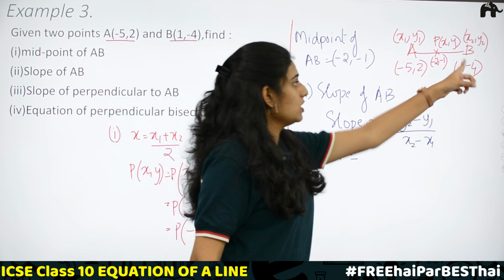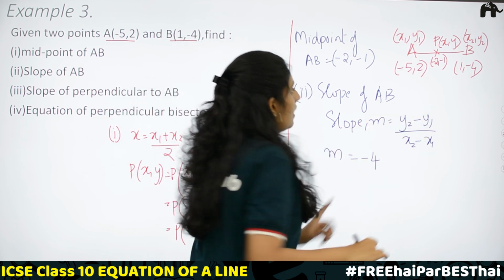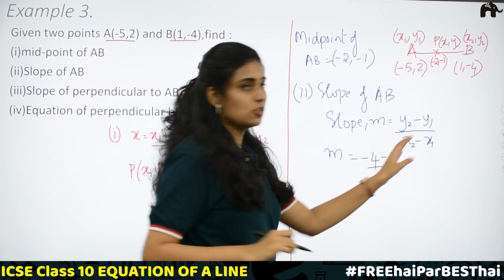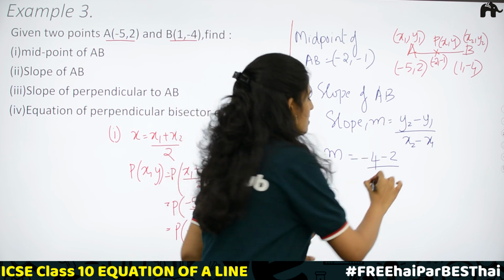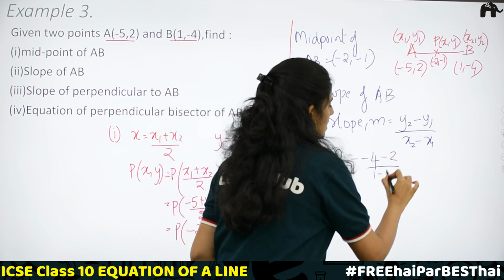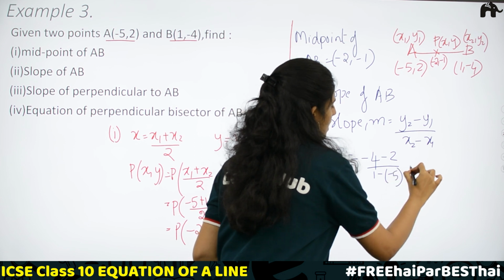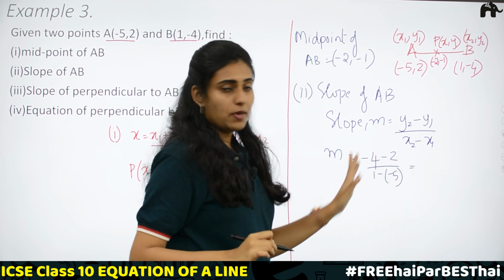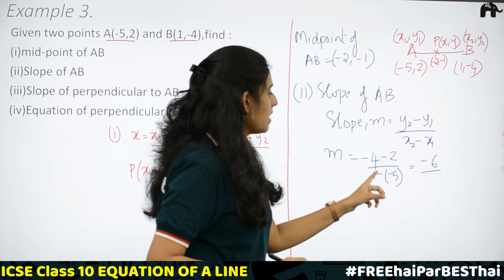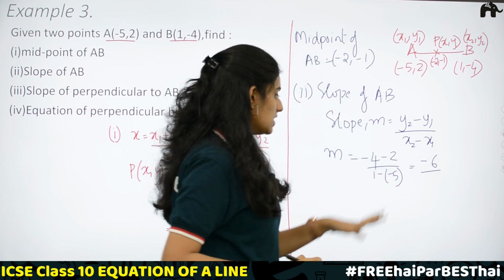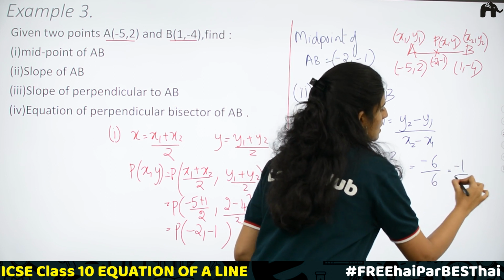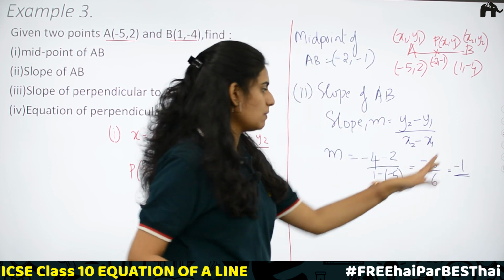Here y2 is minus 4, y1 is 2, so minus 4 minus 2, divided by x2 minus x1. x2 is 1 and x1 is minus 5. That gives minus 6 divided by 1 minus of minus 5, which is 1 plus 5, that is 6. Which means the slope is minus 6 by 6, that is minus 1.